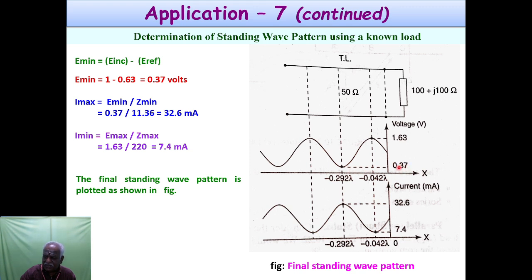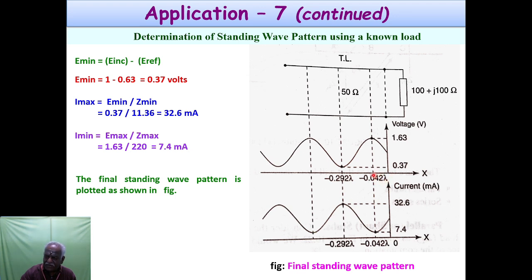L minimum, from the load, is 0.042. So this much distance is given here. The value of voltage at this point is not known now. The voltage maximum is appearing at a distance of 0.042 lambda from the load. That is the concept here.